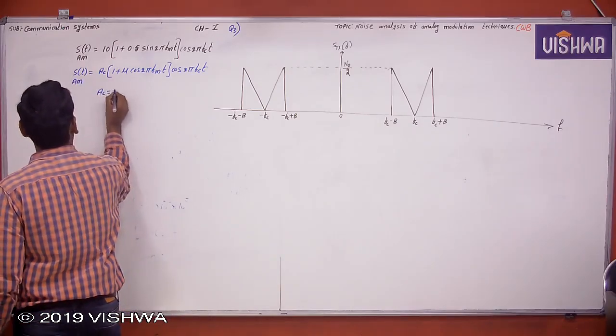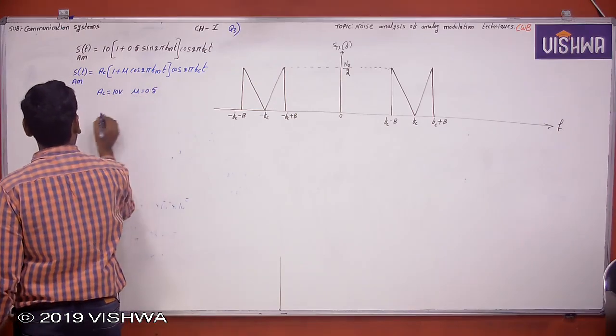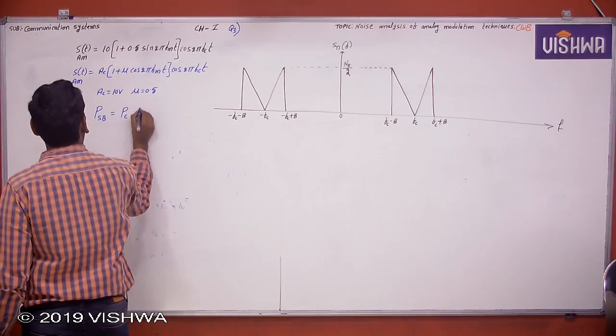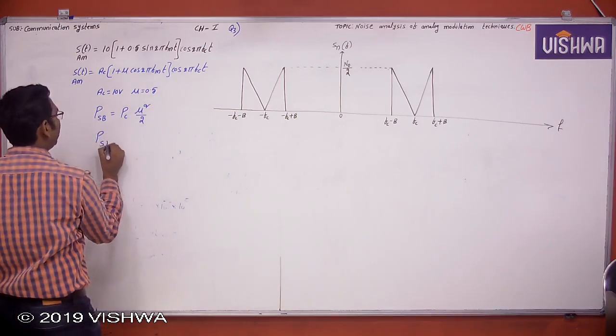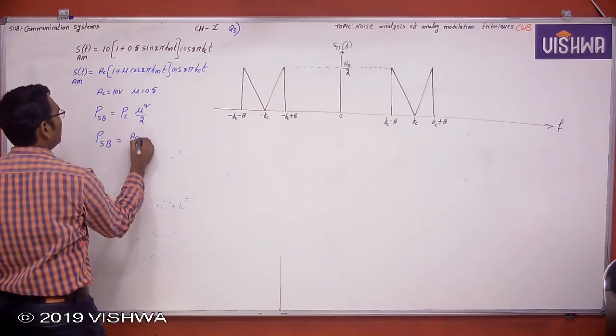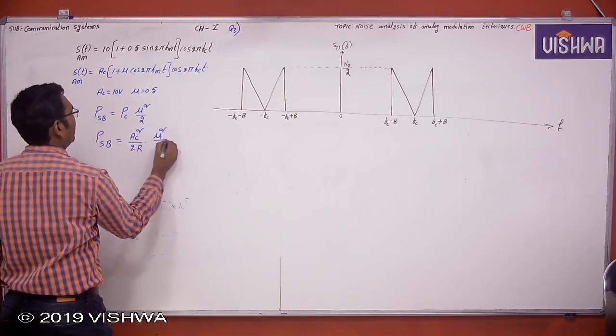Ac is equal to 10 volts, modulation index is equal to 0.5. What is the sideband power? The sideband power is equal to Pc into mu square by 2. Pc is nothing but Ac square by 2R, so the sideband power is Ac square by 2R into mu square by 2.